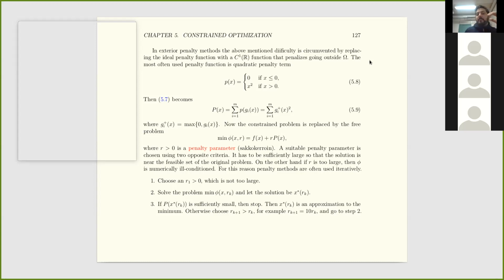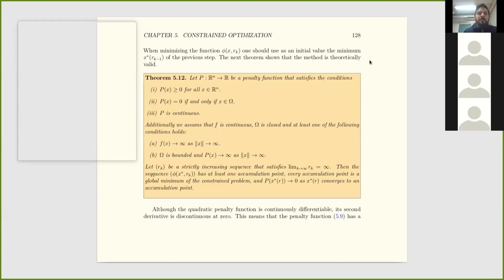The idea here is that if you increase this r, which is the penalty parameter, gradually, and iterate over and over again, then this sequence of different solutions should converge to the optimum of this function.